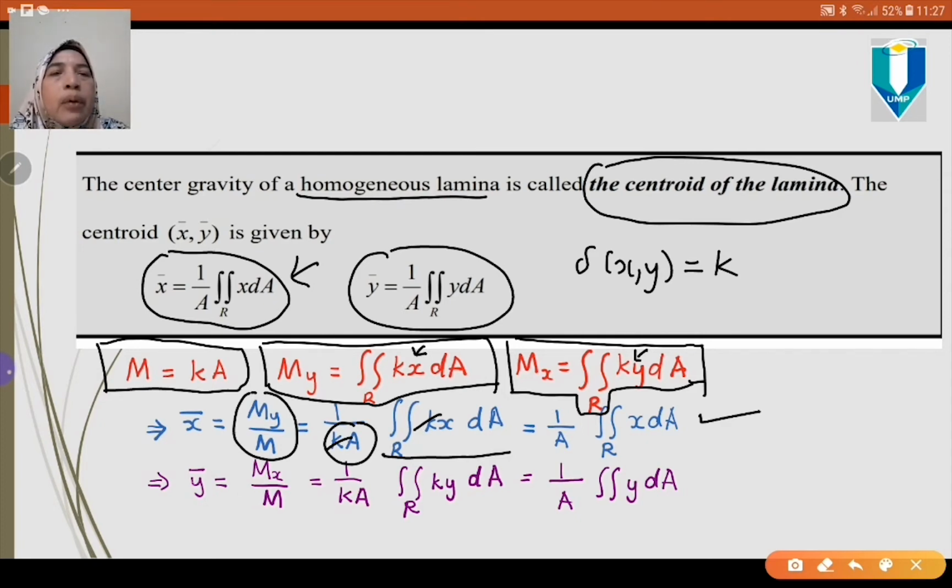Likewise, for y bar, you divide the moment about the x-axis by the mass, which is just kA. Again you can cancel the k value, which gives the same as the centroid of the lamina for y bar. So basically, the centroid and the center of gravity of a homogeneous lamina are the same.